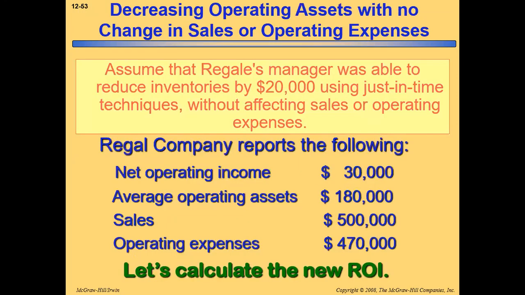Now decreasing operating asset with no change in sales or operating expense. So if we decrease the operating asset, we know that ROI value will increase. So what will be the new ROI? Net operating income 30,000 divided by 1,80,000, or you can calculate 30 by 5 lakh, or 5 lakh multiplied by 5 lakh into 1,80,000.